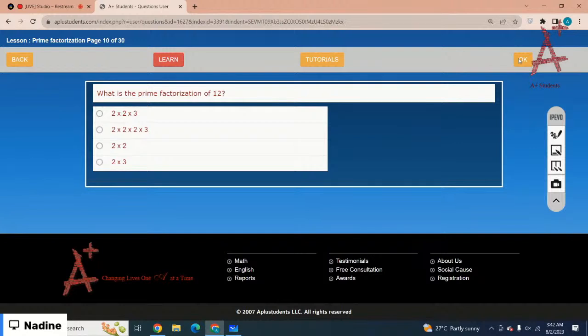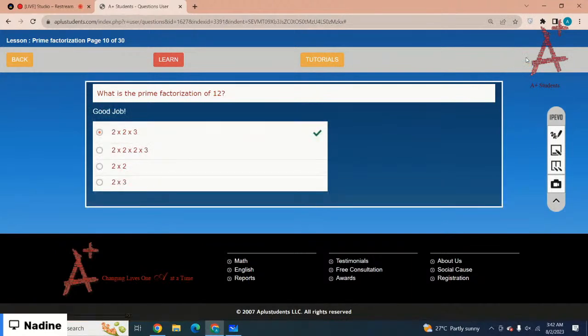What is the prime factorization of 12? The prime factors of 12 are 2 times 2 times 3. 2 times 2 is 4 and 4 times 3 is 12. Option number 1 is the correct option.